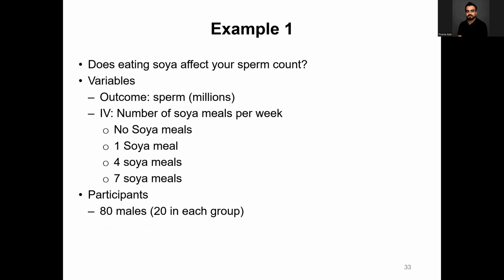I have no soy meals, four soy meals, seven soy meals. I want to compare sperm count across four groups. I have 80 males, which is my total sample size, 20 in each group.